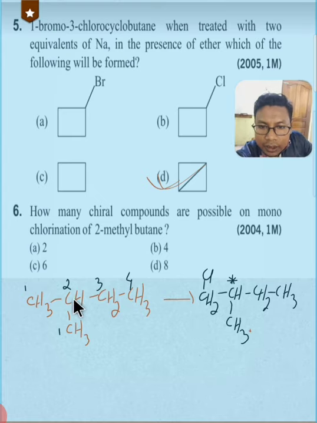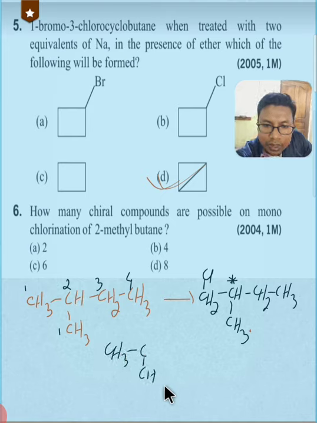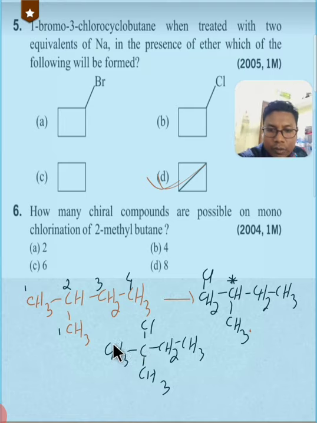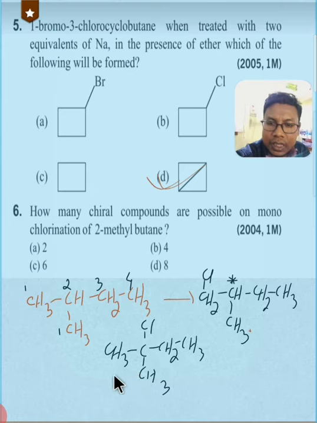Another, if I attach from this carbon atom, chlorine will come in place of this hydrogen, so we are going to get CH3, C, CH3, and to this carbon atom chlorine will be attached, and an ethyl group will be there. So this is not chiral because two carbon atoms are same. This methyl and methyl are same, two valences of this carbon atom are same.